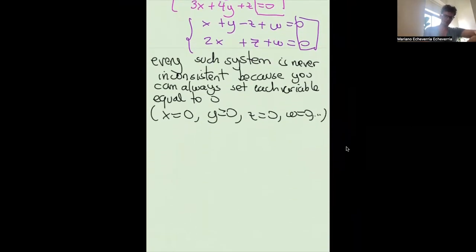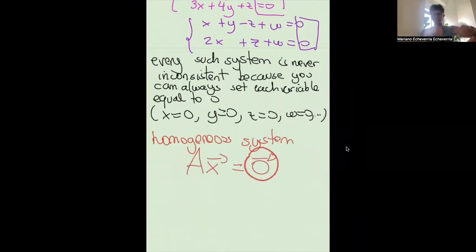The way you usually write a homogeneous system is Ax equals 0, where the right side is the vector whose entries are all 0.